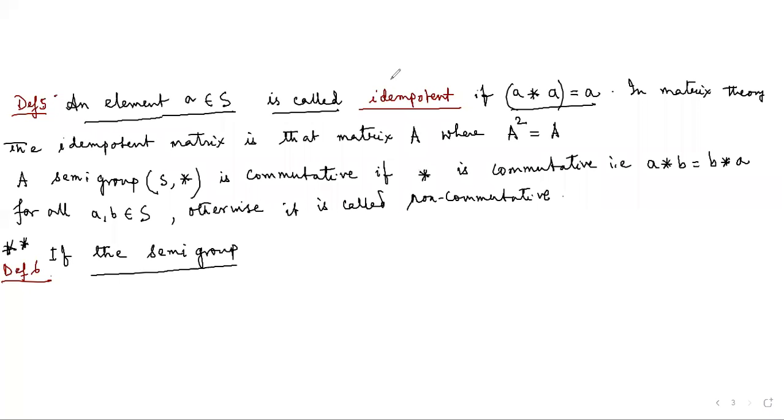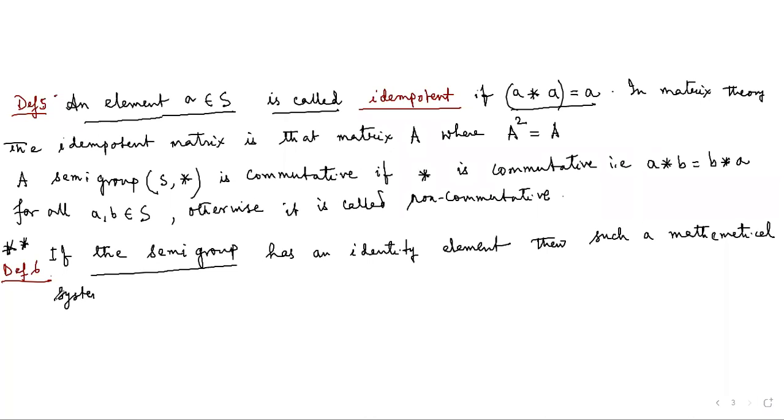If a semi-group has an identity element, then such a mathematical system is called monoid.